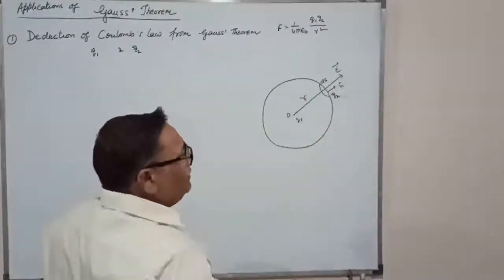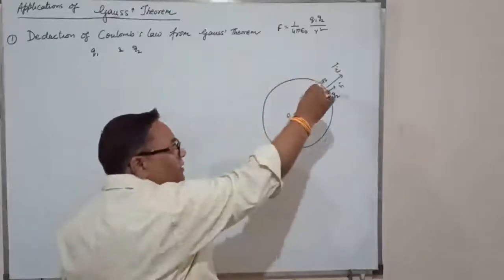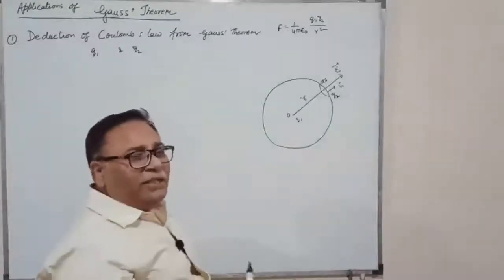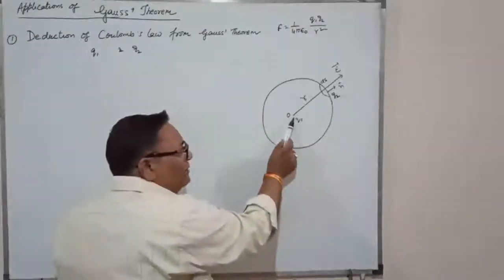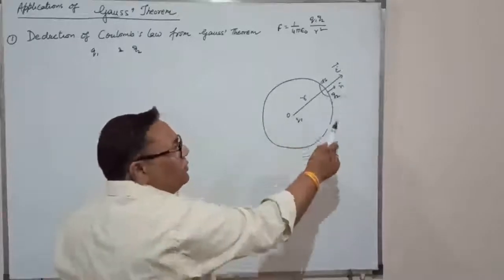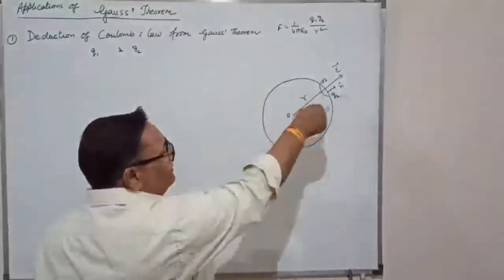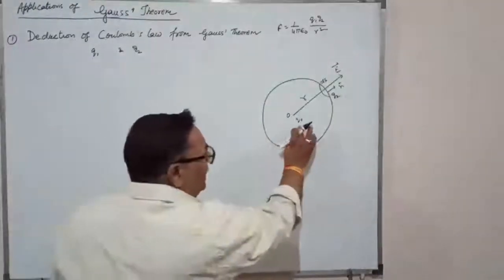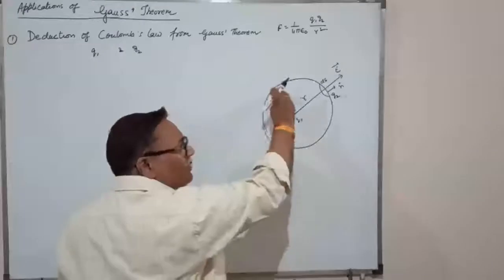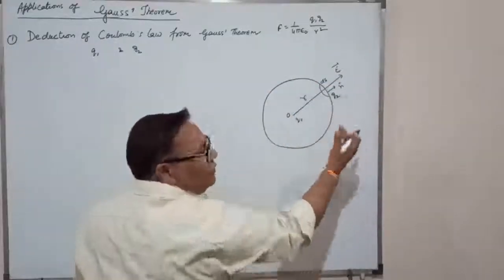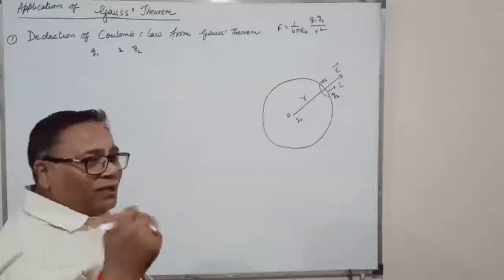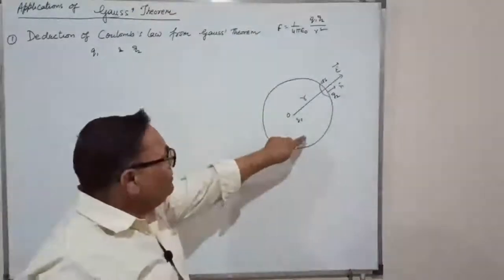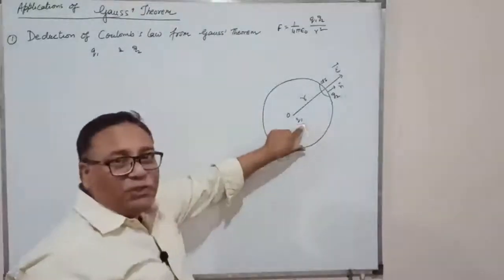Now we consider a spherical surface of radius r in such a way that Q1 lies at its center and Q2 at its surface, as shown in figure. Clear? Now Q1 charge is enclosed by this closed surface and Q2 charge is lying on the surface. Then Gauss theorem is applicable for the total charge enclosed by the surface, that is Q1.